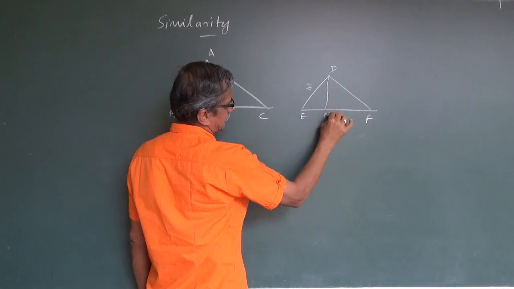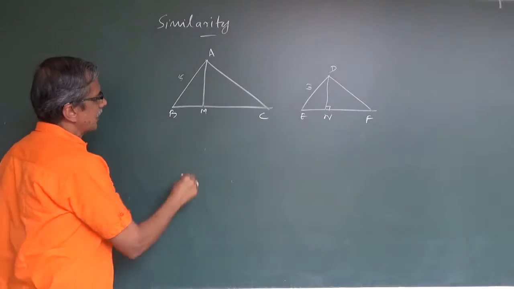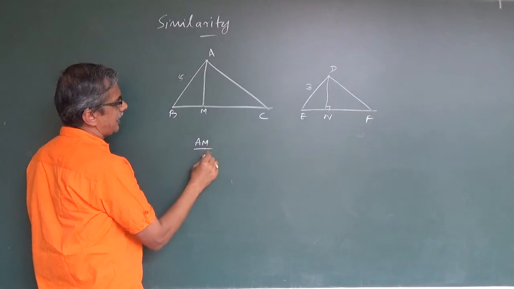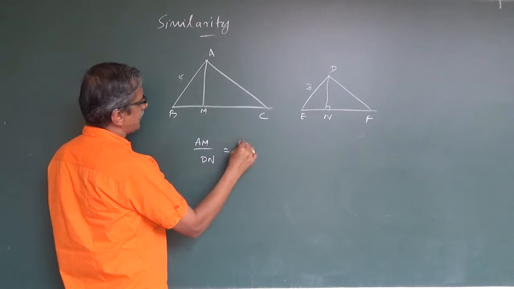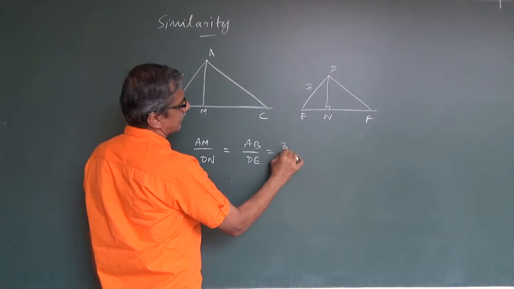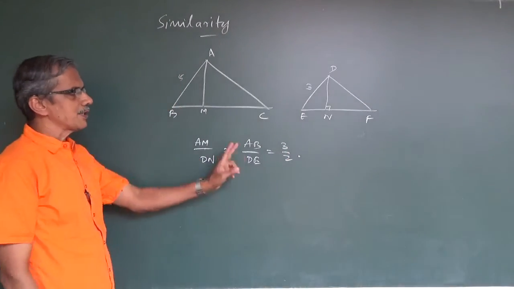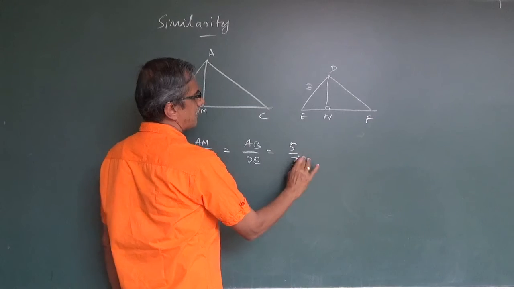Now this is AM and DN. This is the altitudes. Now if I want to know AM by DN, AM by DN will be equal to AB by DE. It will be the side ratio 5/3.